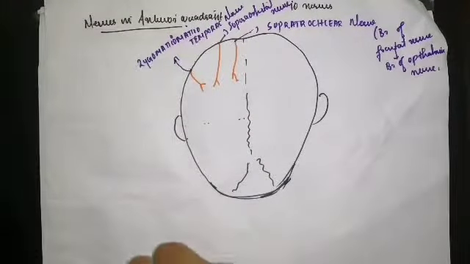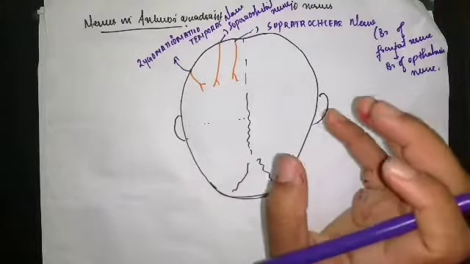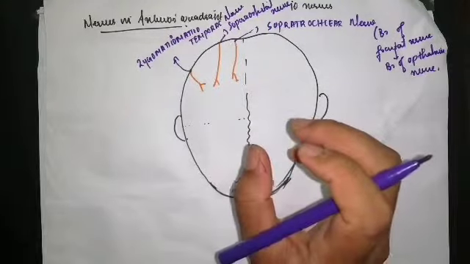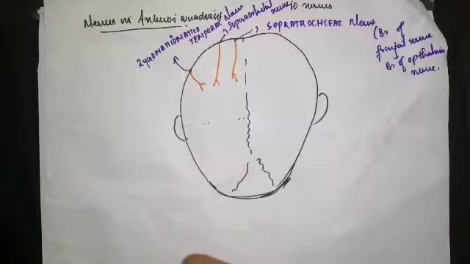Remember that the zygomatico-temporal nerve is actually a branch of the zygomatic nerve, which is a branch of the maxillary nerve. So the zygomatico-temporal nerve is a branch of the zygomatic branch of the maxillary nerve.